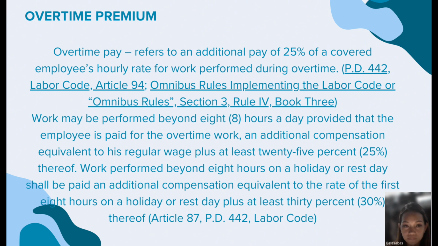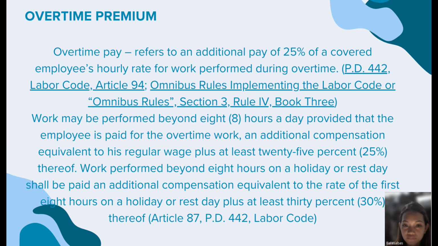So, in this, work may be performed beyond 8 hours a day provided that the employee is paid for the overtime work: an additional compensation equivalent to his regular wage plus at least 25% thereof.